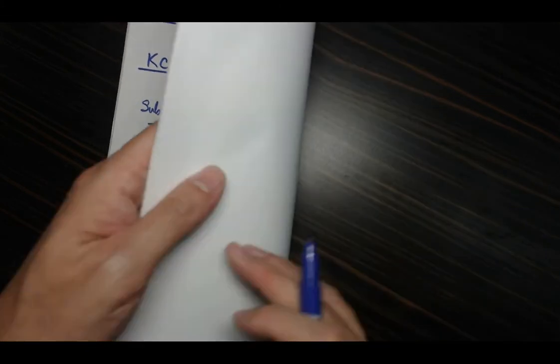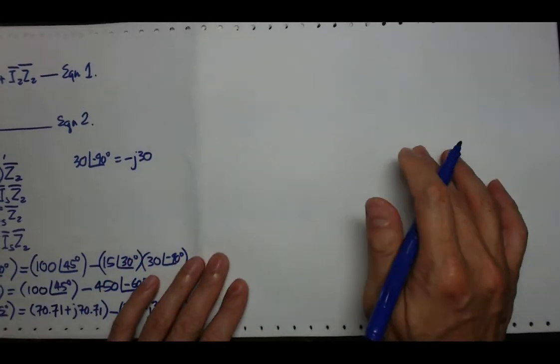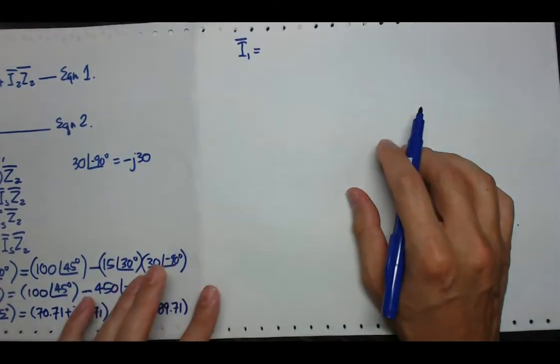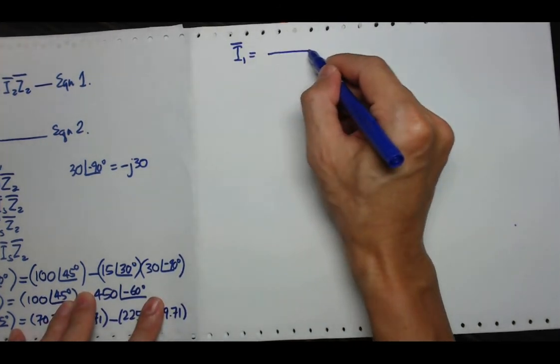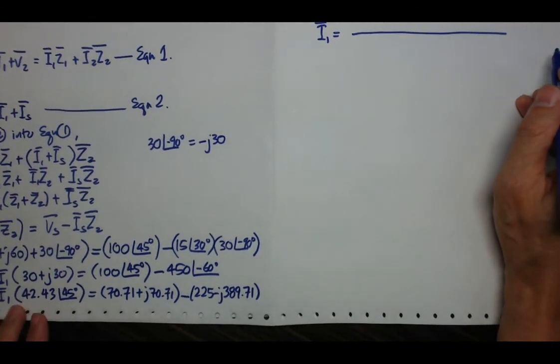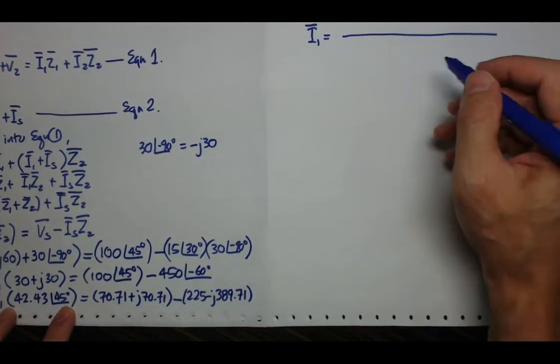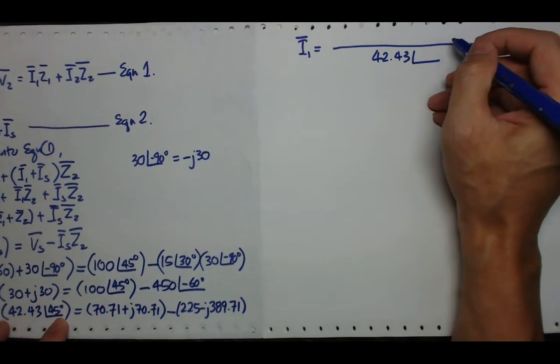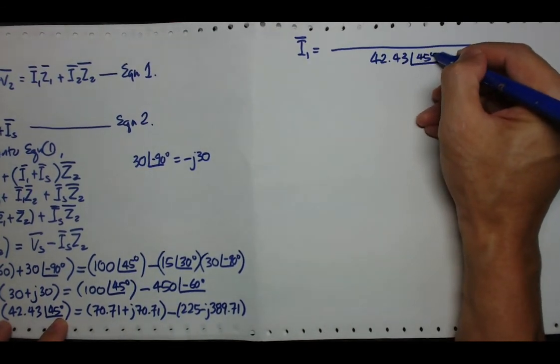So what do I get? Let me open up this thing. I will have I1 equals to, now I'm ready to bring the other one over. Instead of 42.43 here, I write here 42.43 at an angle of 45 degrees.